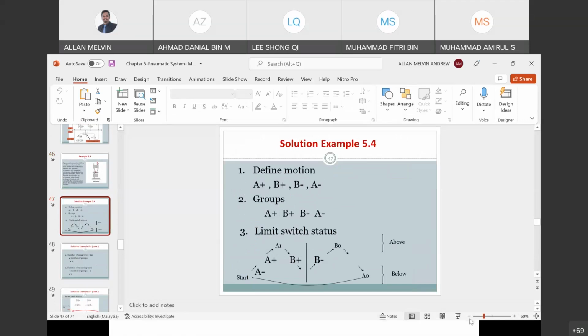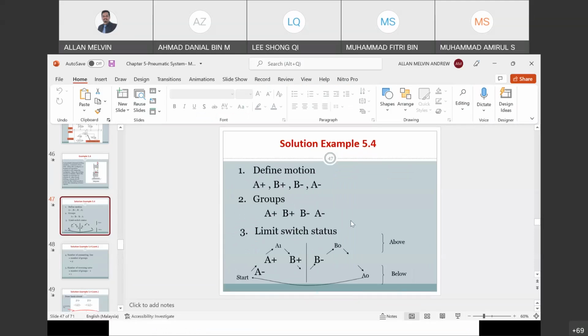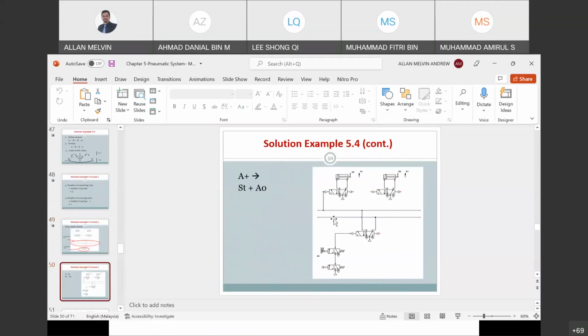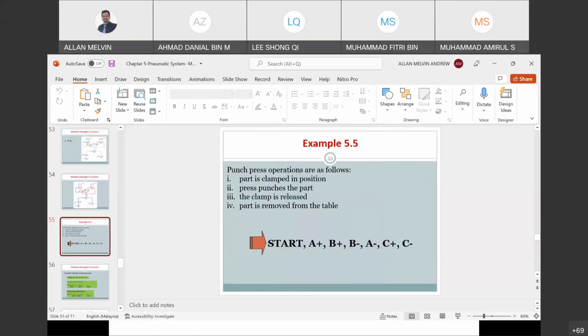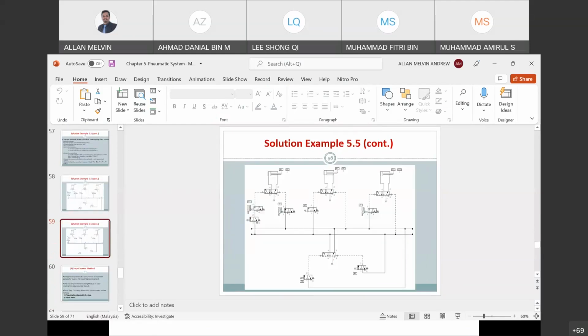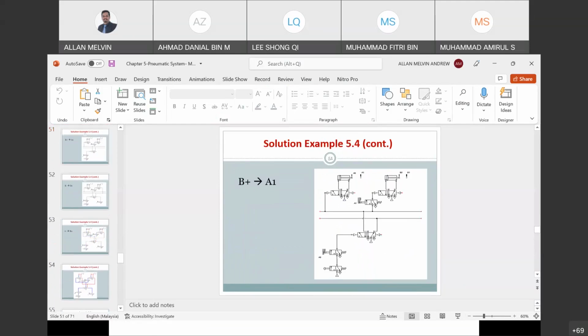So kalau you tengok dekat sini, so you ada group. Sekejap ya.